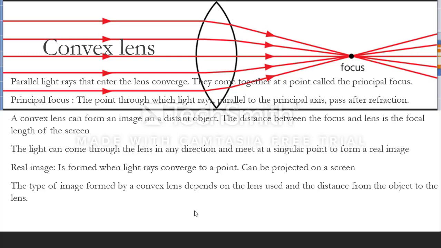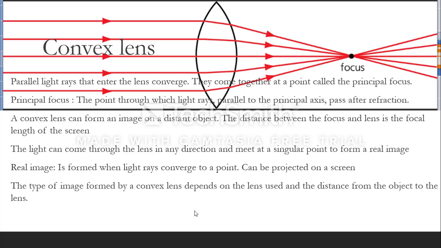So a real image is one that can be projected onto a screen, unlike a virtual image, which is what happens when light gets refracted through a concave lens. The real image is formed when light rays converge to a point and can be projected on a screen. The type of image formed by a convex lens depends on the lens used and the distance from the object to the lens.